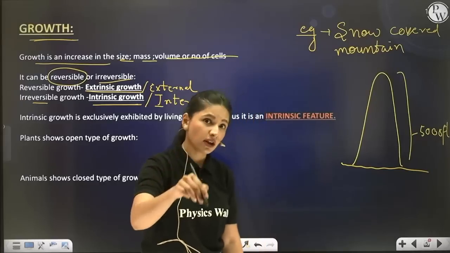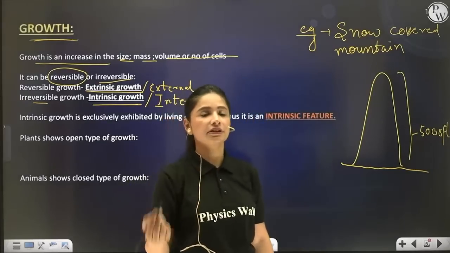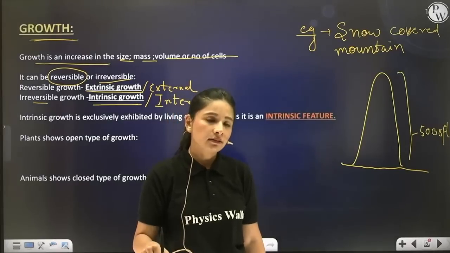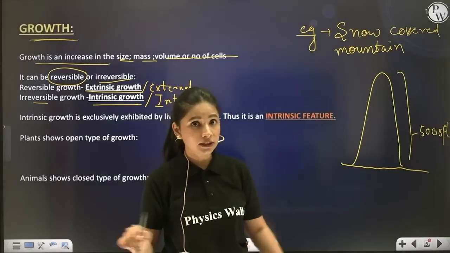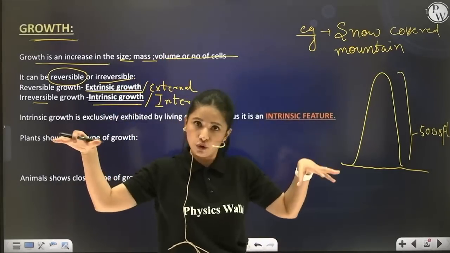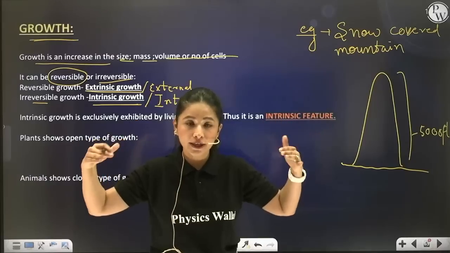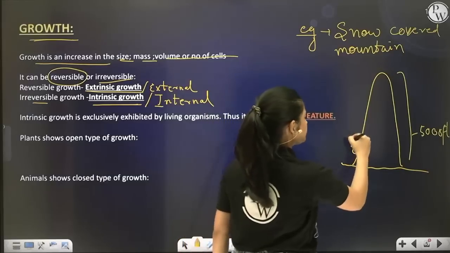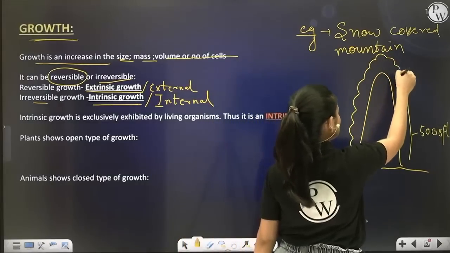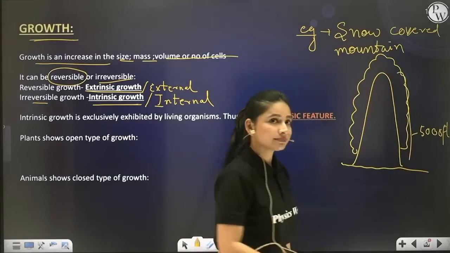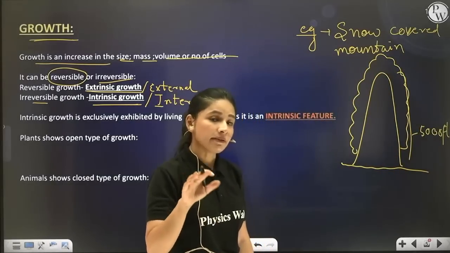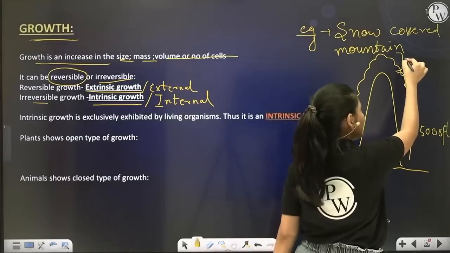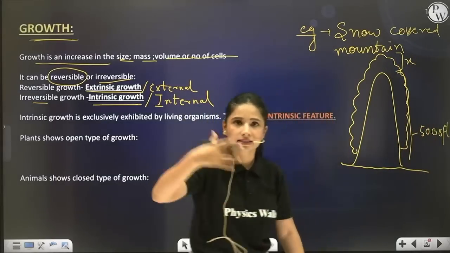But if the same fellow tries to climb this mountain in the winters, then what will happen? In winters on the mountains there is heavy snowfall, and that snow is going to get deposited on the mountain. As a result, temporarily the height of the mountain will increase, maybe by X feet.